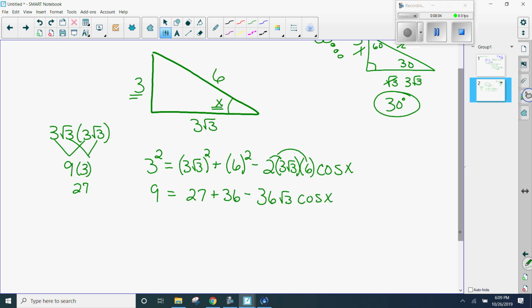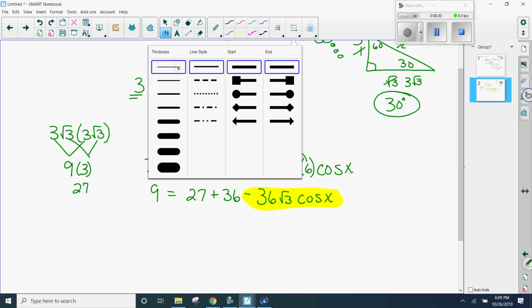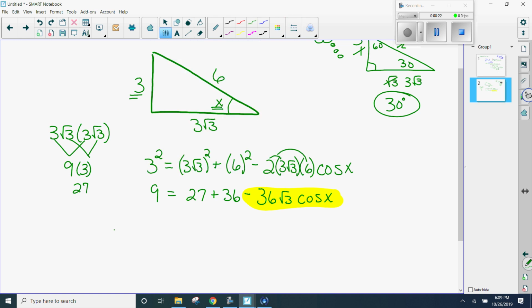As you're solving for an angle, you want to isolate that cosine x term. So we can group our 27 and 36 together. So 9 is equal to 63, when you add those together, minus 36 radical 3 cosine of x.